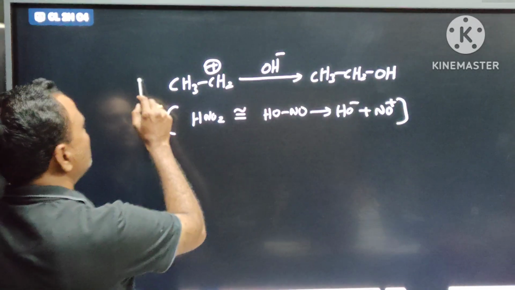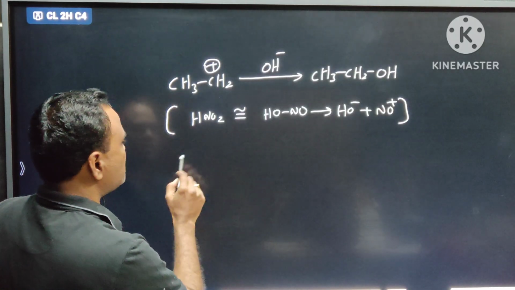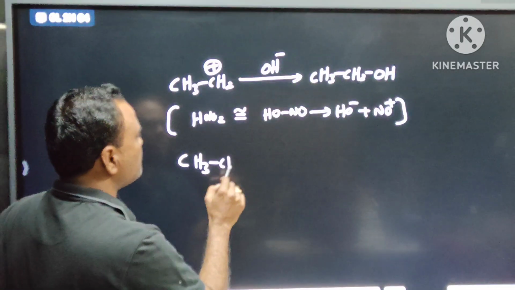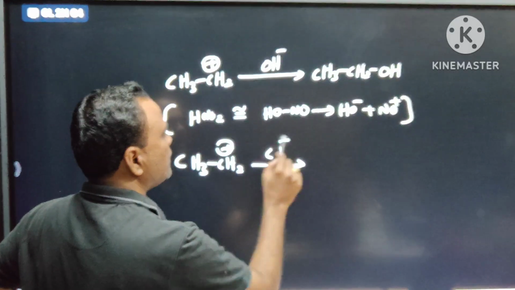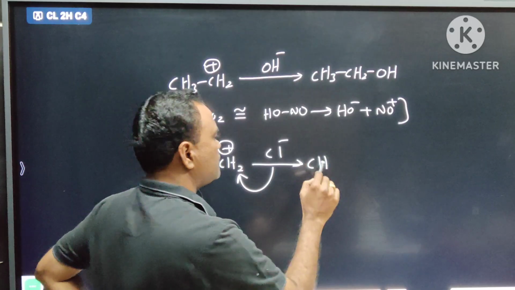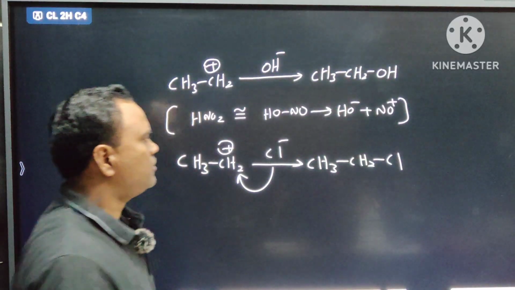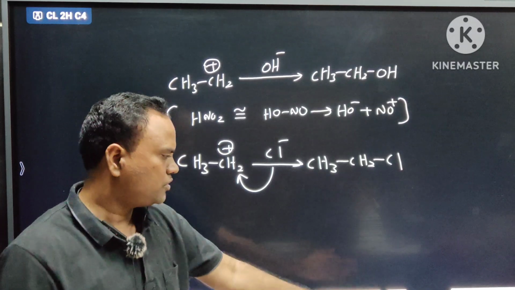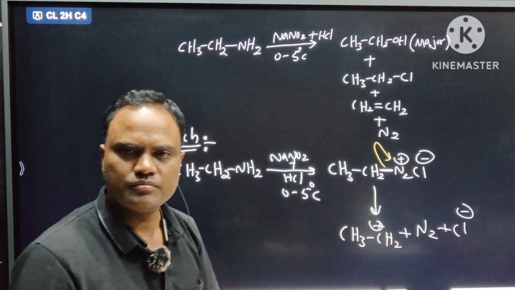This is about the formation of alcohol, the major product. Another product is alkyl halide, CH3CH2Cl. Alkyl halide is easy, no? What is the source of Cl-? Cl- is formed here.